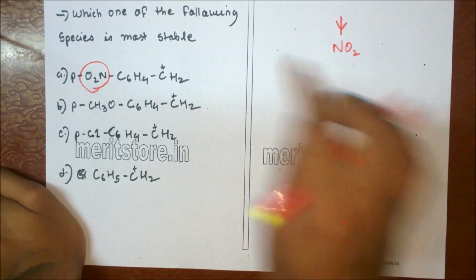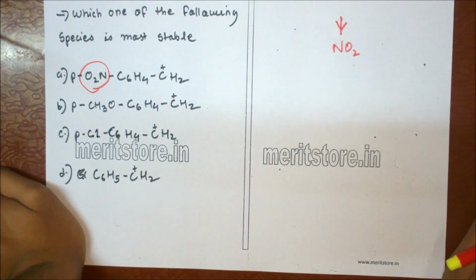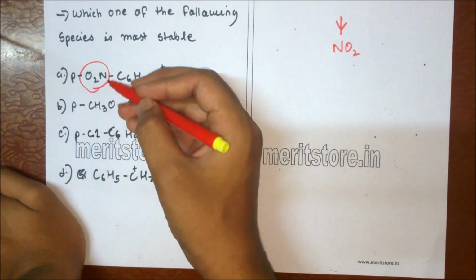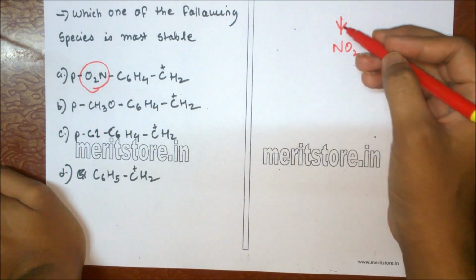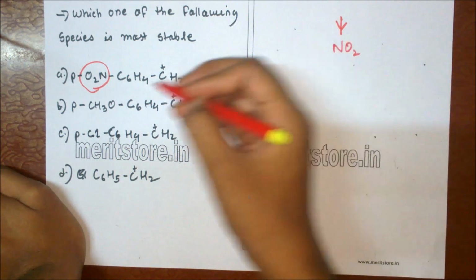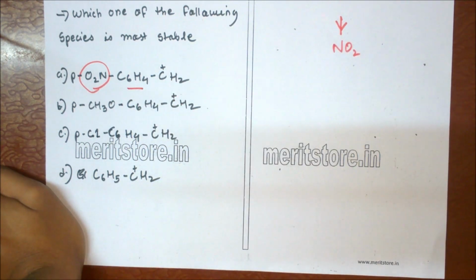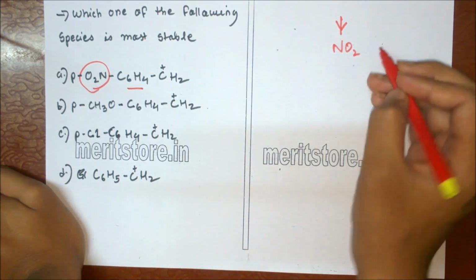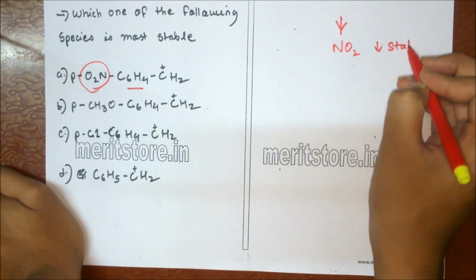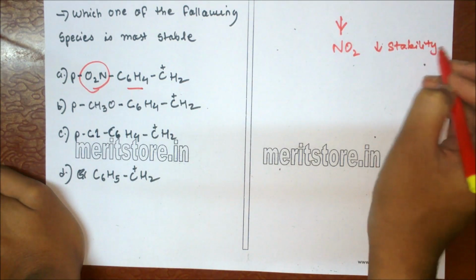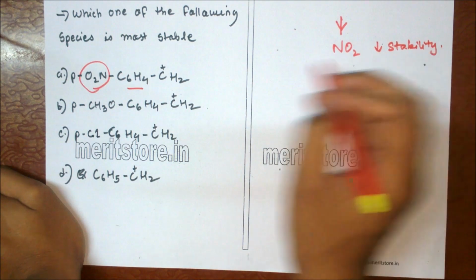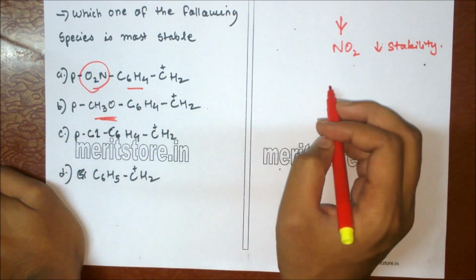Which of the following species is most stable? Nitro group is electron withdrawing group. It will draw electrons from the phenyl group attached to it. So it decreases stability. Methoxy group is electron releasing group. Hence it increases stability.